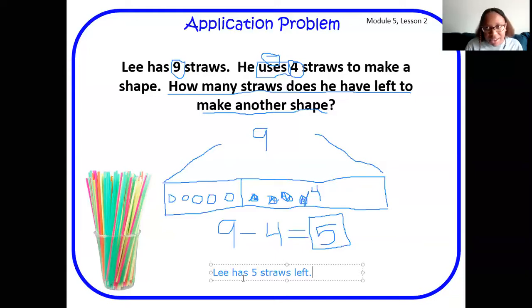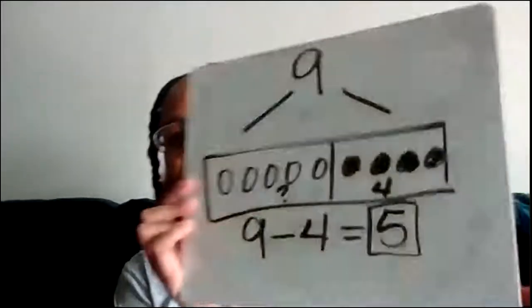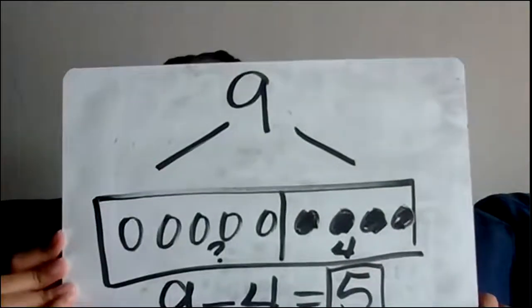And then I wrote my statement to answer my question. It will either look like that's on your screen now, or it can look like this. And now we are finished with our fluency and our application problem. So now you can go to the next video and you can see Ms. Schneider teach the concept development of Module 5, Lesson 2. I'll see you guys tomorrow.